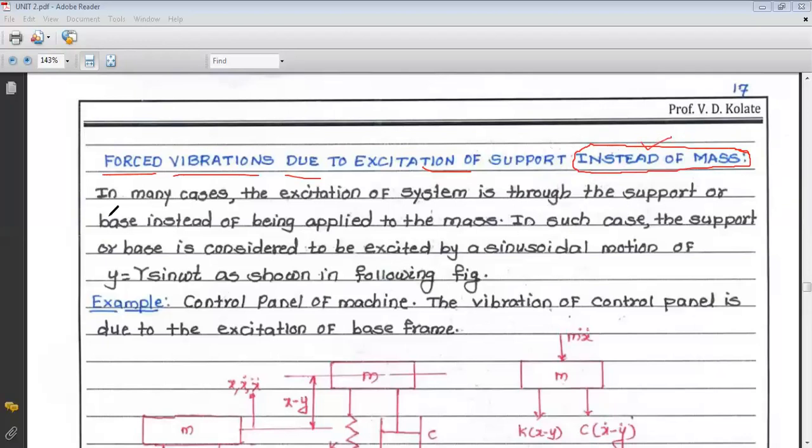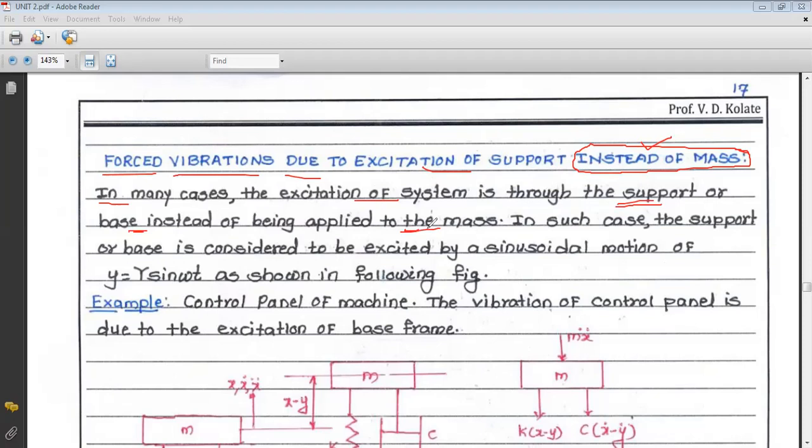But in many applications, the excitation of a system is through the support or base instead of being applied to the mass.